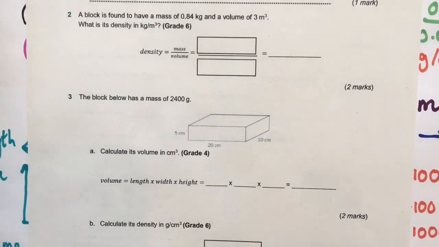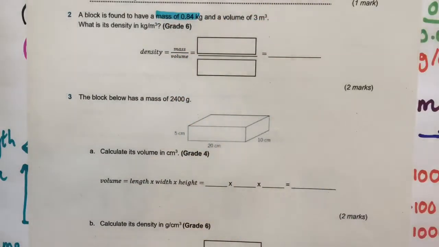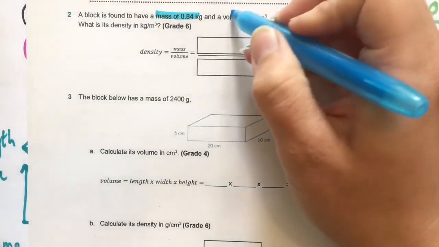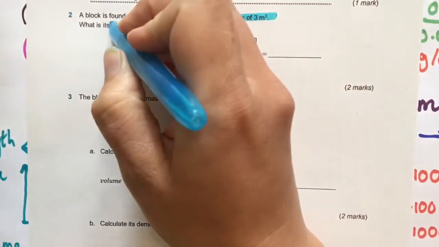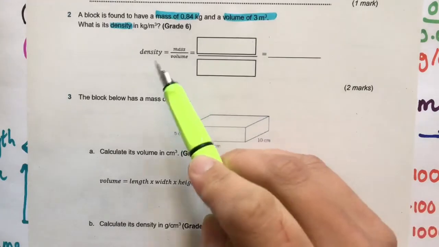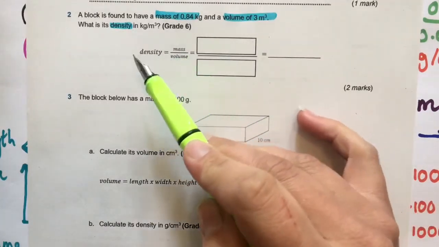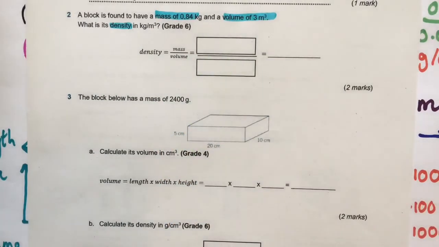A block is found to have a mass of 0.84 kilograms and a volume of 3 metres cubed. What is its density in kilograms per metre cubed? It's given the equation here, so use the steps to fill this in using the data.